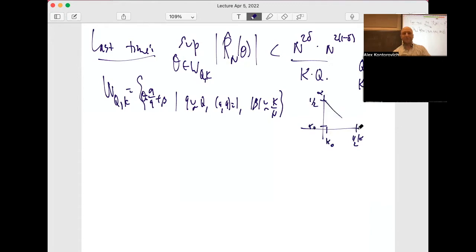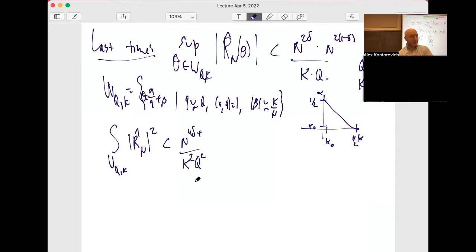Which the analysis works. So the analysis, exactly, when you put it into this integral, when we look at the integral over W_{QK} of r hat squared, this is bounded by just the L infinity bound in this region. So we get n to the 4 delta plus some error. I get to divide by k squared q squared.